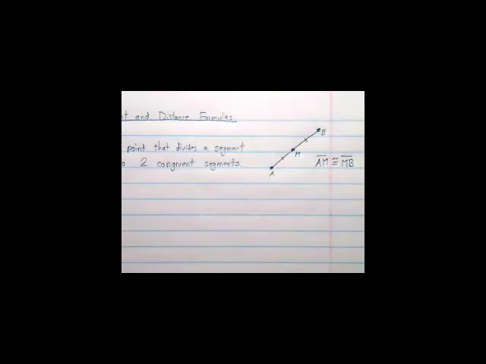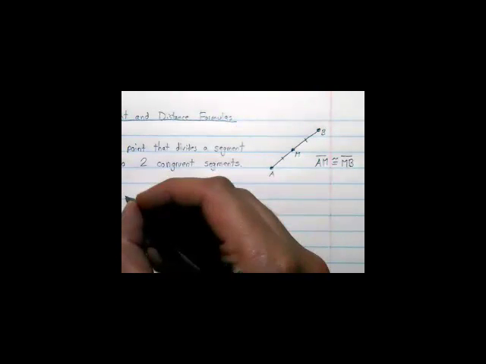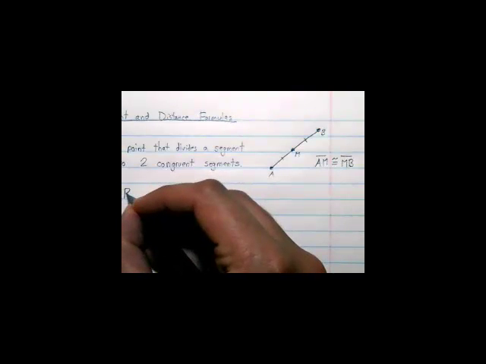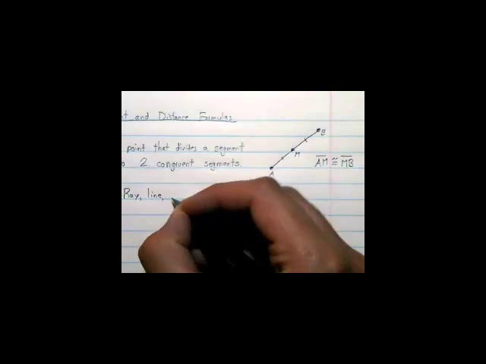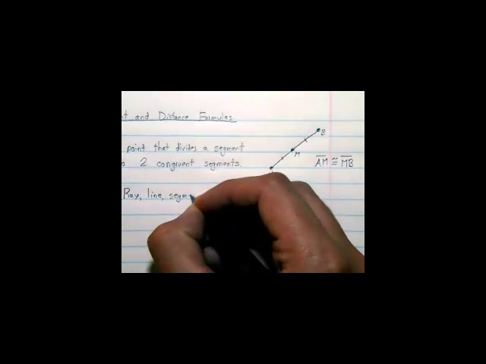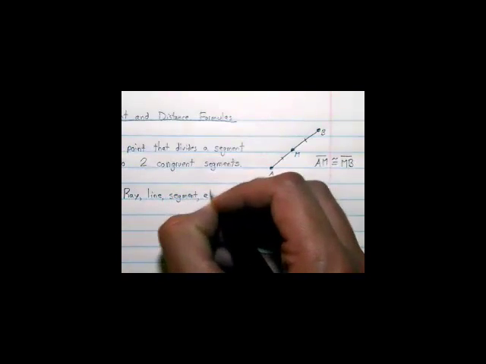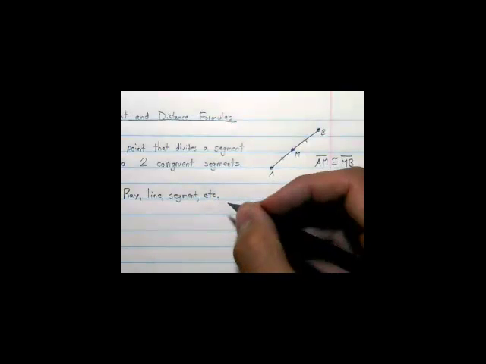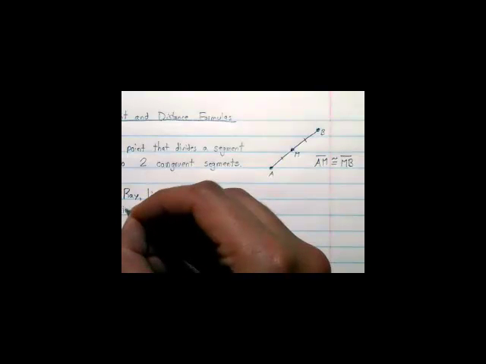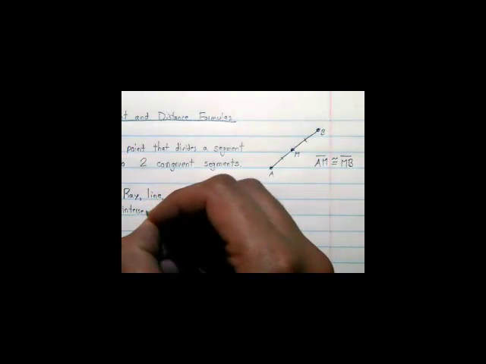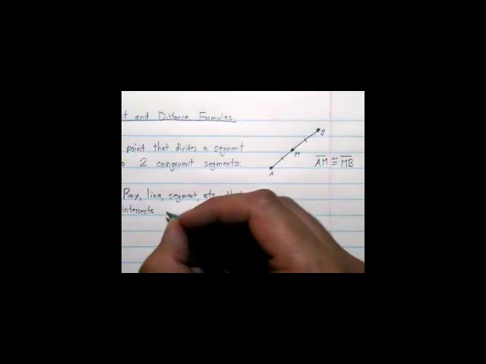So a segment bisector could be a ray, a line, a segment, etc. that intersects a segment at its midpoint.